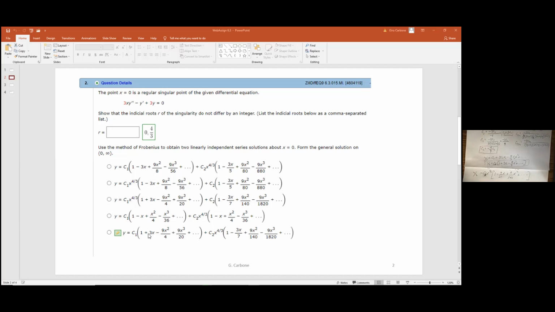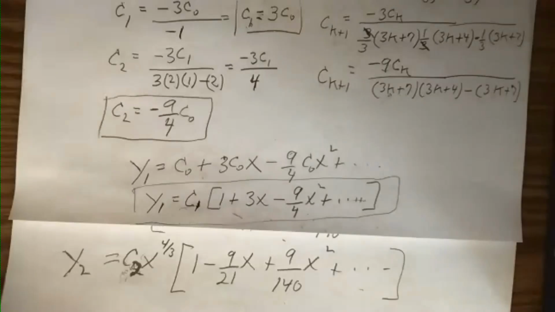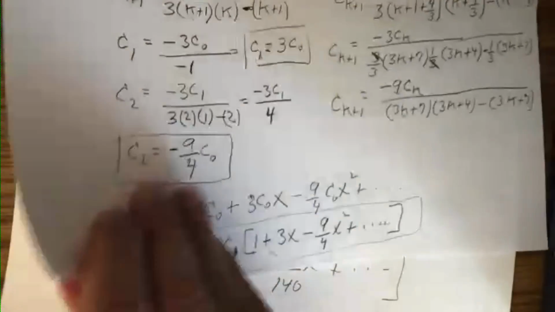Okay, any questions? Yeah, go ahead. Can you go back to the paper you were working on? Can you repeat again how you got the R values? Sure. Let me find that sheet of paper.